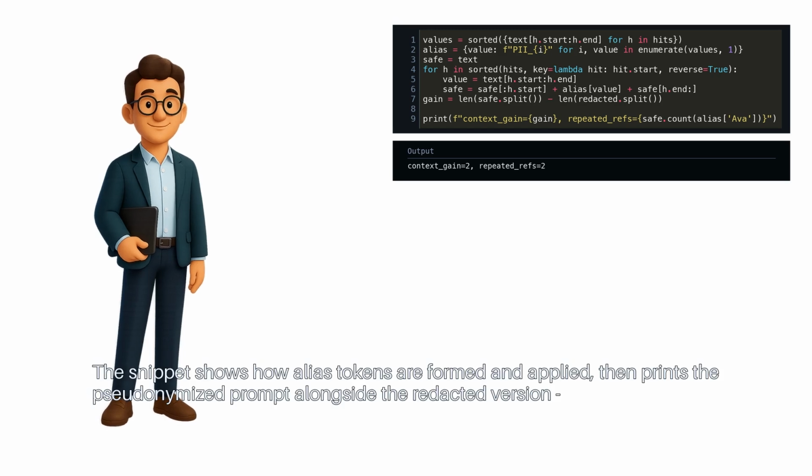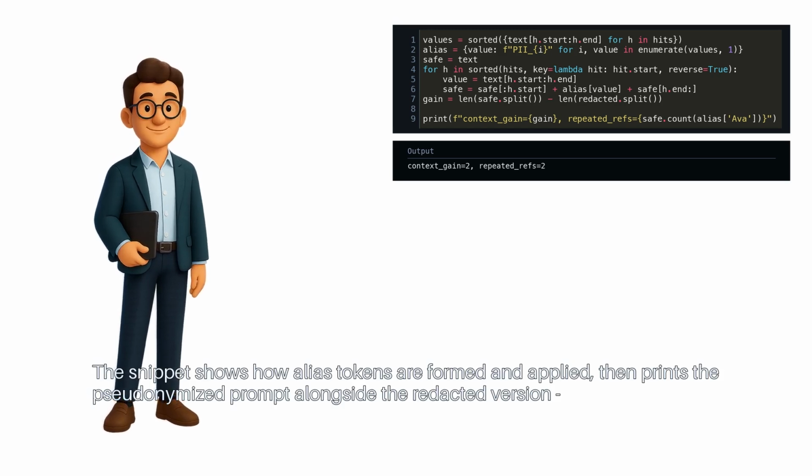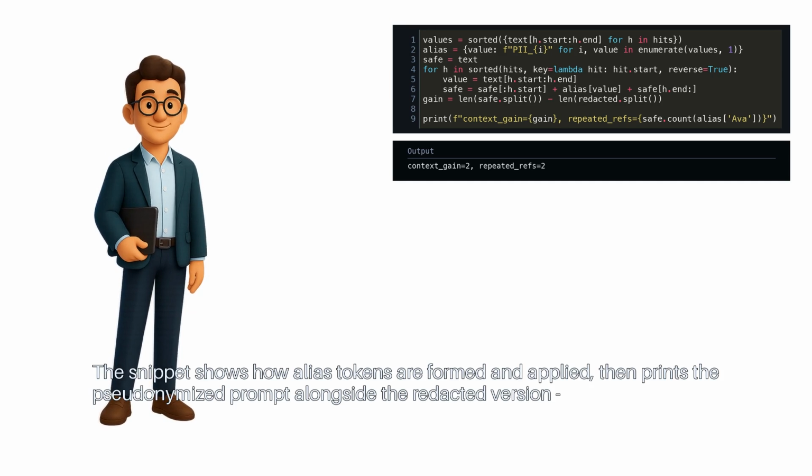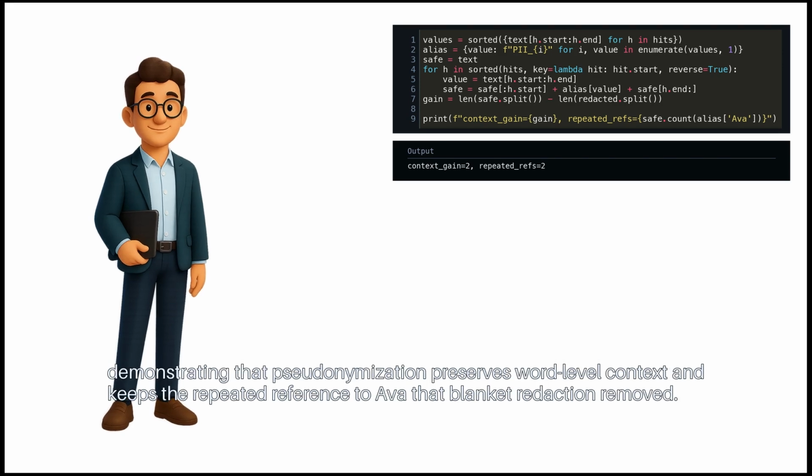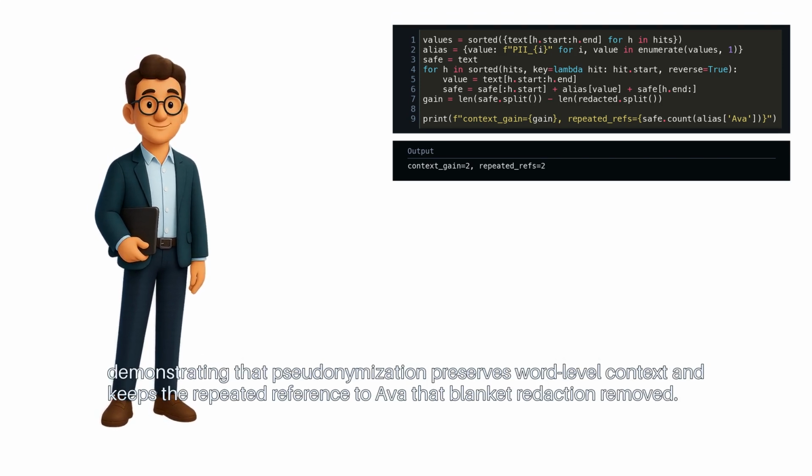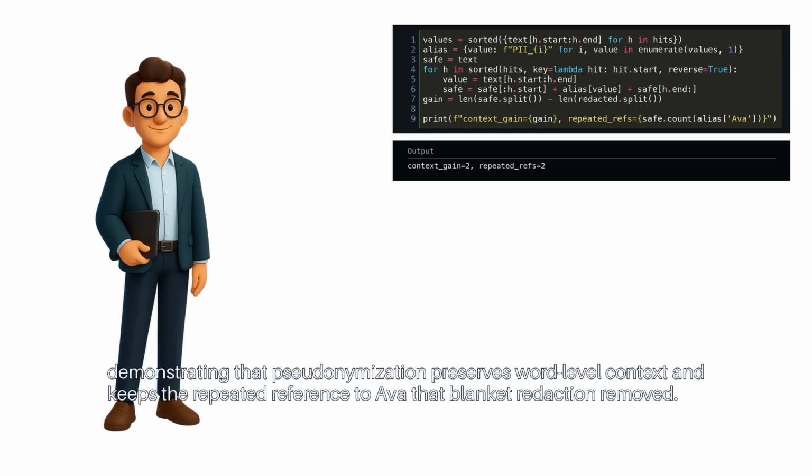The snippet shows how alias tokens are formed and applied, then prints the pseudonymized prompt alongside the redacted version, demonstrating that pseudonymization preserves word-level context and keeps the repeated reference to Ava that blanket redaction removed.